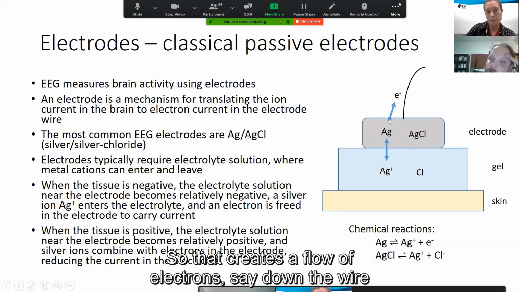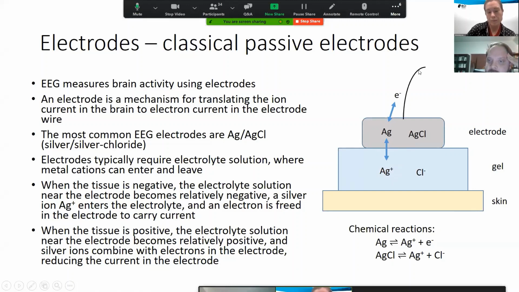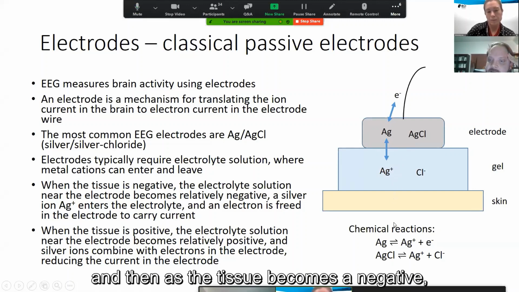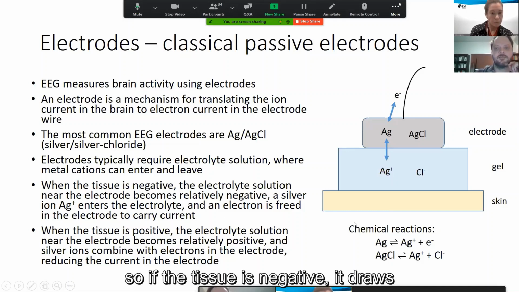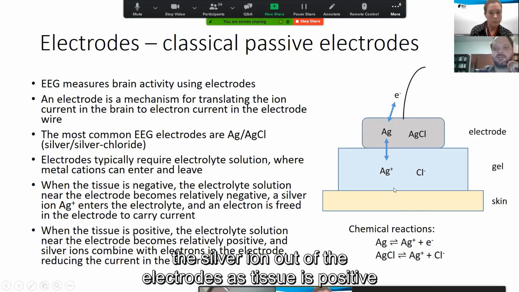So that creates a flow of electrons down the wire. As the tissue becomes negative, it draws the silver ion out of the electrode.